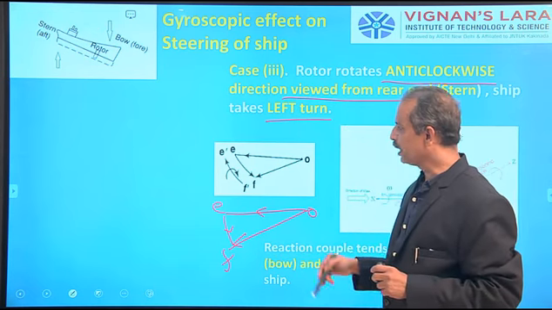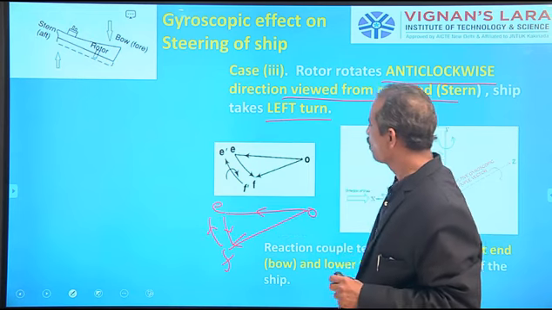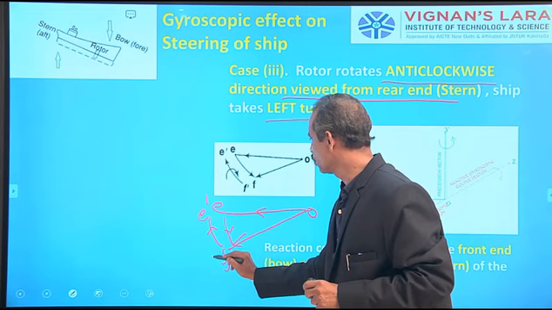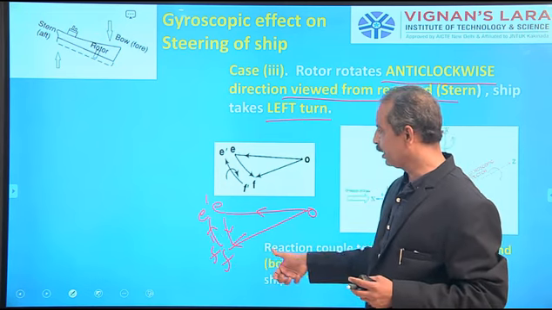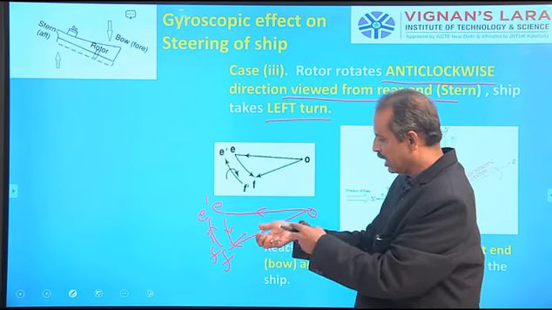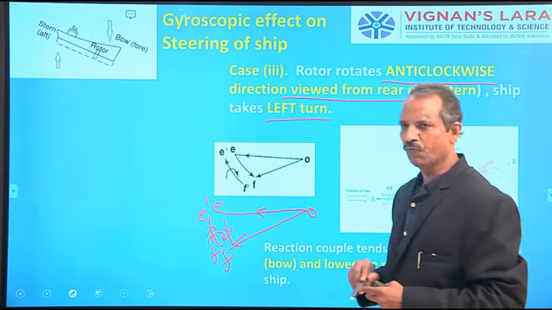Then, as we said, reactive gyroscopic couple is in the opposite direction. Then, this is reactive gyroscopic couple. If I apply once again my right hand thumb rule, this is the sense of rotation of this force.